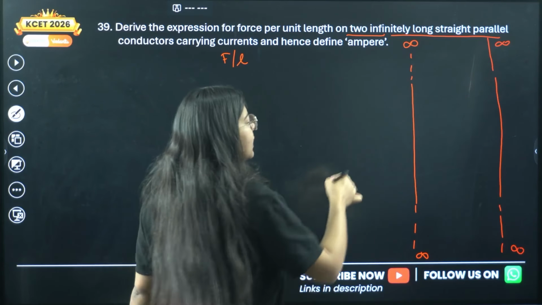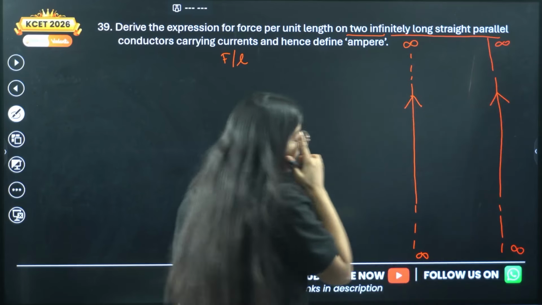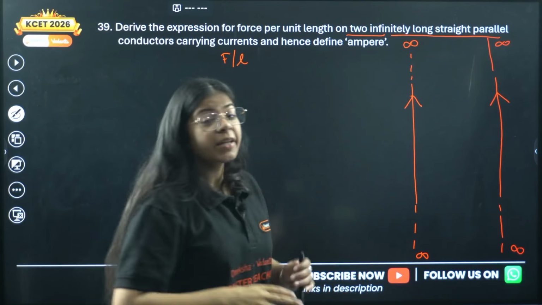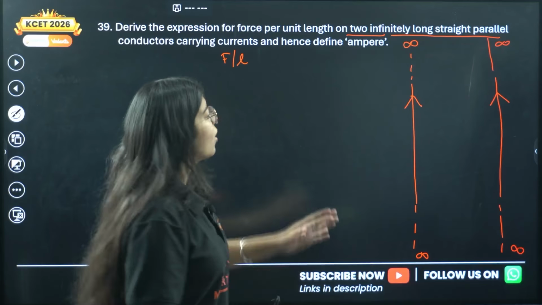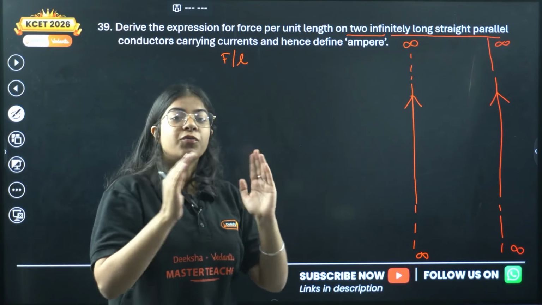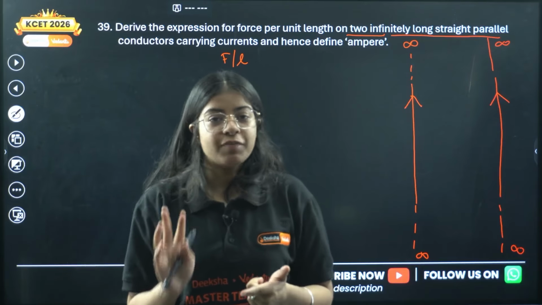Correct? Let's say for now in both the wires the current is in same direction, correct? Now what we'll do, we have to find the force, correct? So for force on a current carrying conductor, we know the Fleming left hand rule.